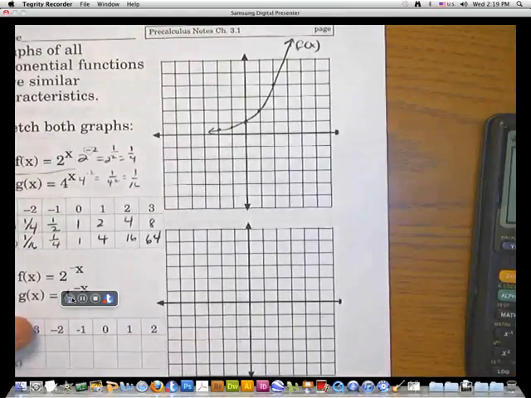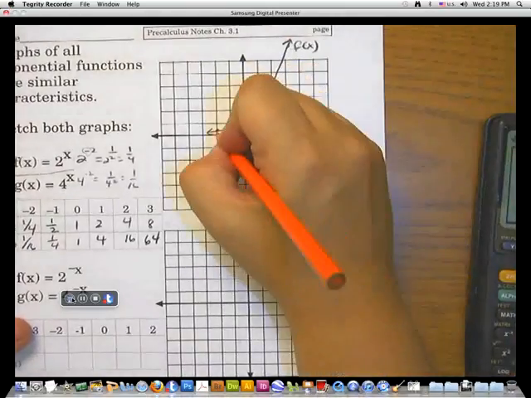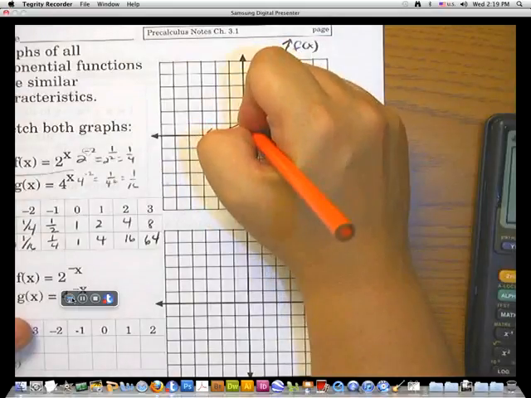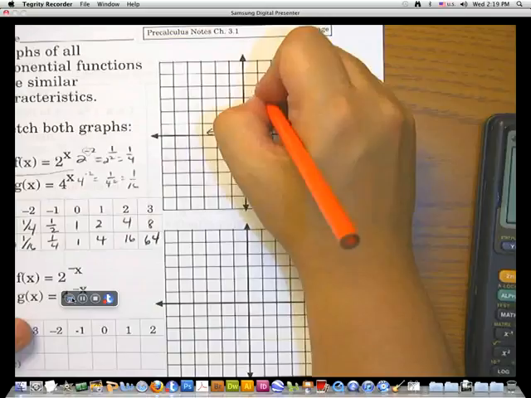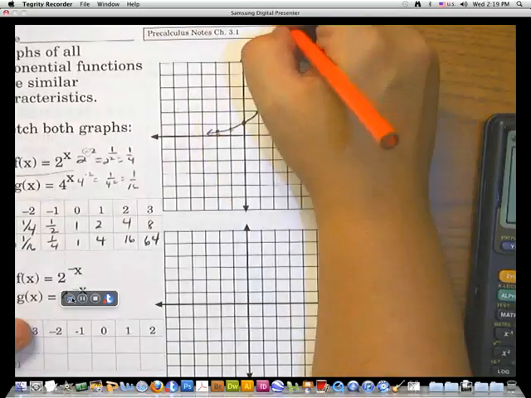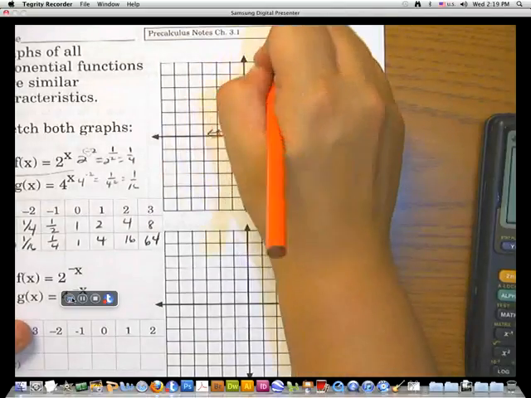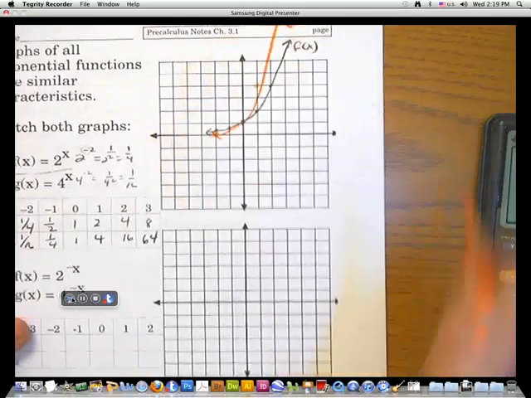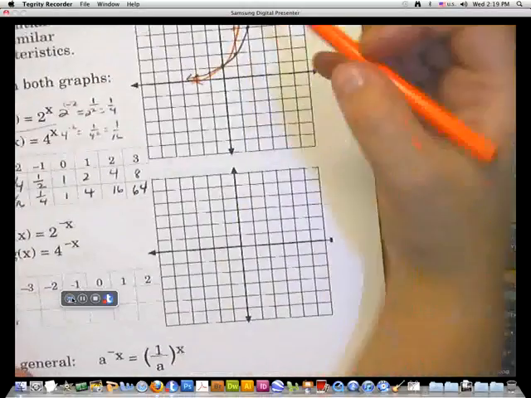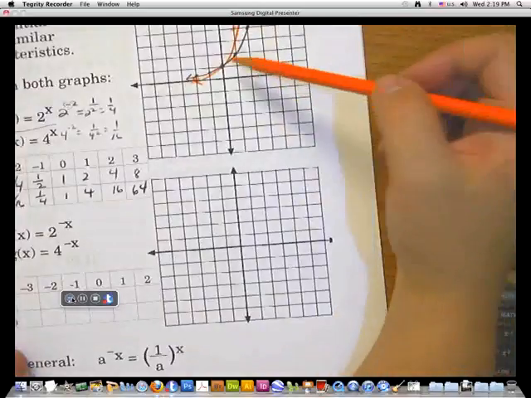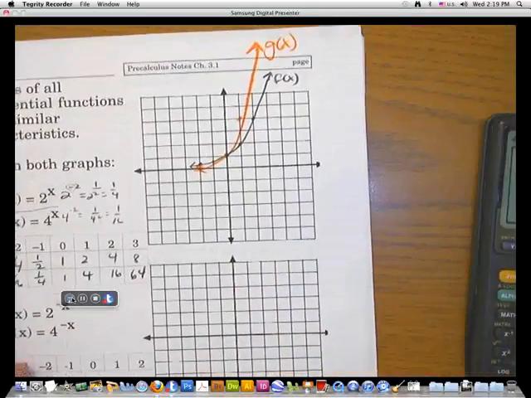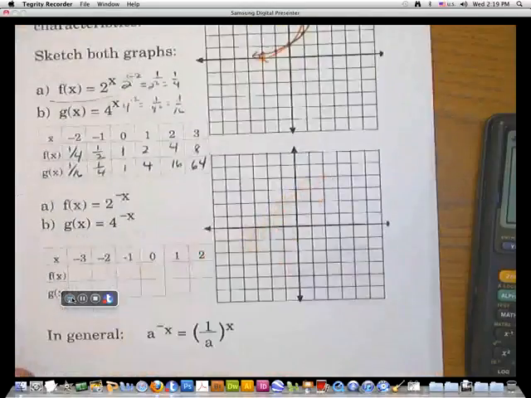G of x had 1/16, 1/4, 1, 4, and then way up here at 64. And that was our g equation. So notice it increases, the 4 base increases a lot quicker than the 2 base.